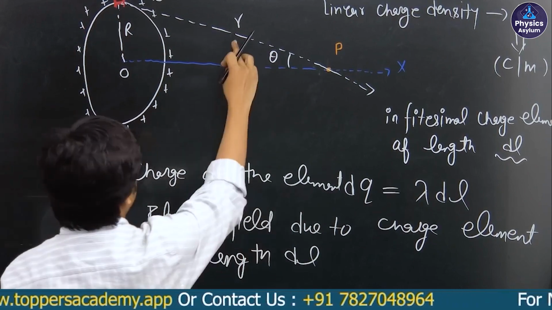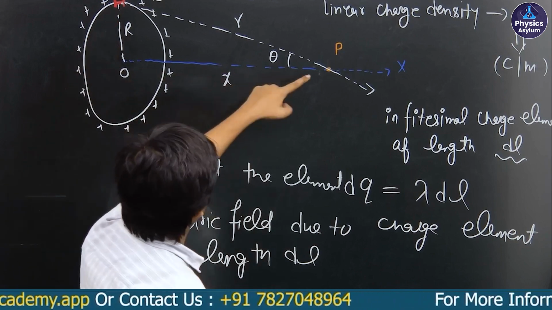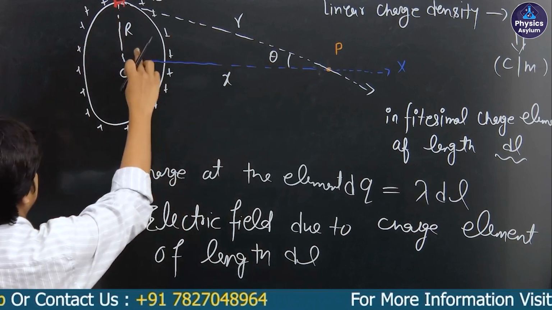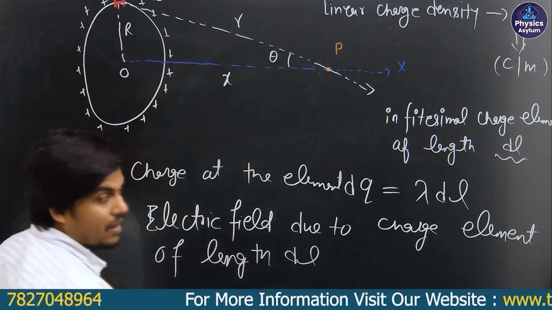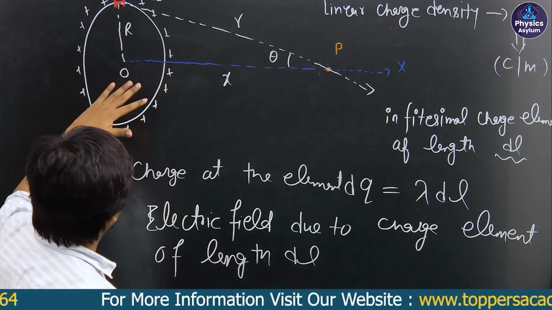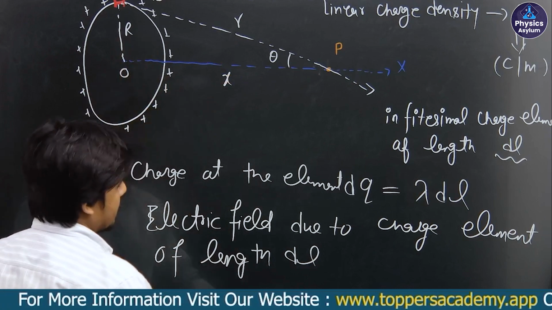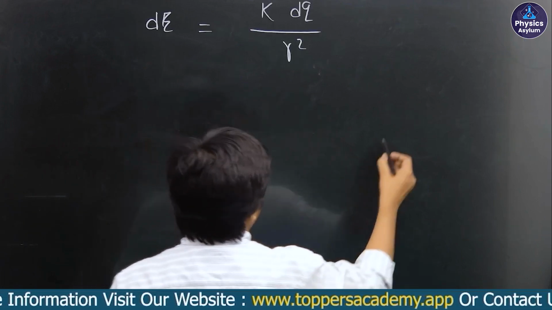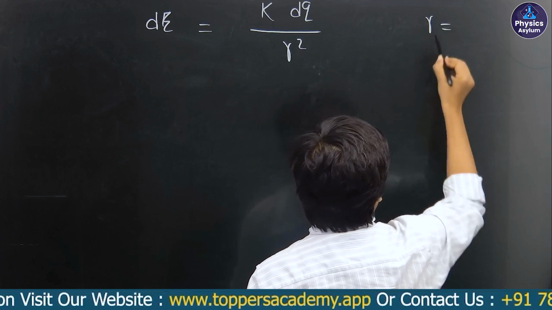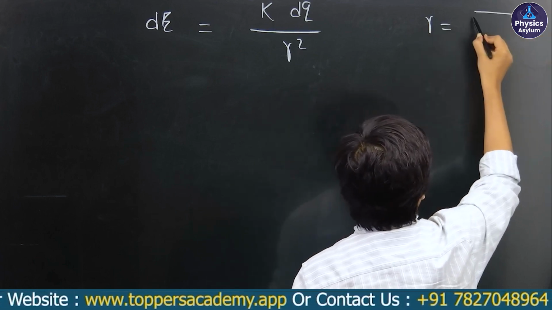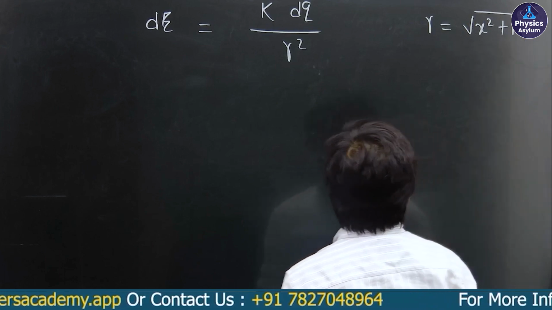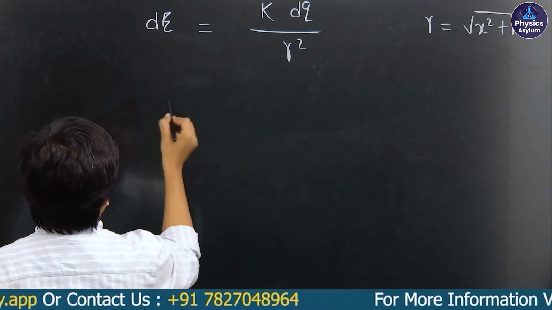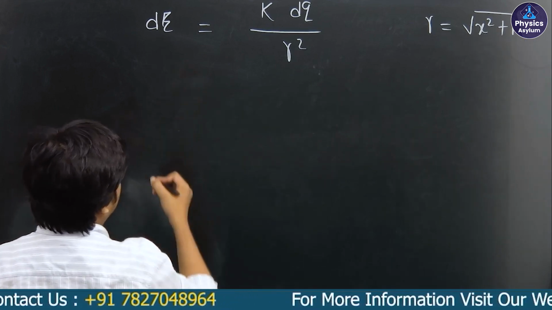Now what this r is, I can see from this right angled triangle. Here this angle is a right angle. So I can write from here that this small r is actually the square root of x square plus r square. I am writing only the magnitude of this electric field.